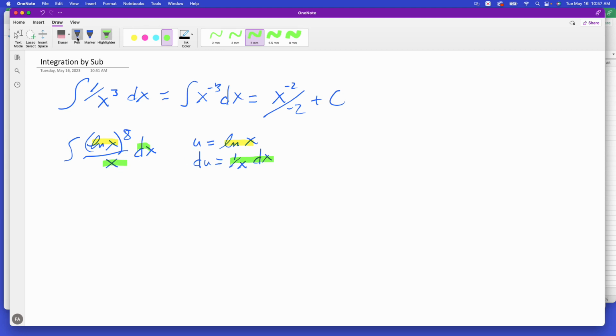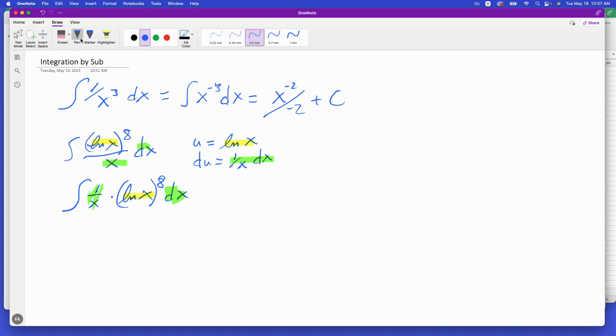So let me just try to rewrite that so it makes it a little bit clearer of what we're dealing with. We got 1 over x times ln x quantity to the 8th power, and then dx on the end of that. Now you can see we have 1 over x dx, okay? This little piece right here, and this little piece right there, right? And we have its separate piece, which was the ln of x.